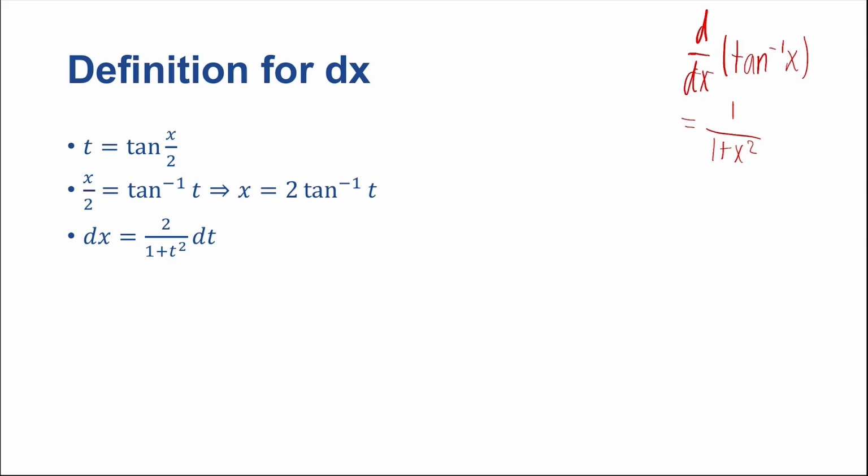I'll relieve you of the derivation of that, which comes from implicit differentiation. Once we differentiate, we still have that 2 there, so that goes up top. That gives us dx equals 2 over 1 plus t squared dt. With that information, you're ready to do everything, because we've got our sine, our cosine, and our dx.